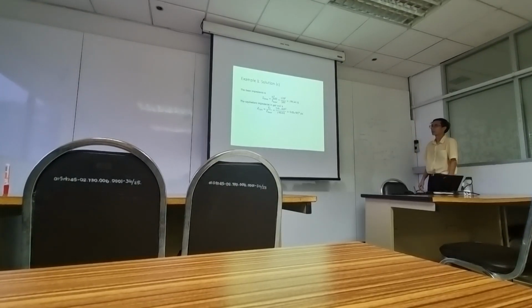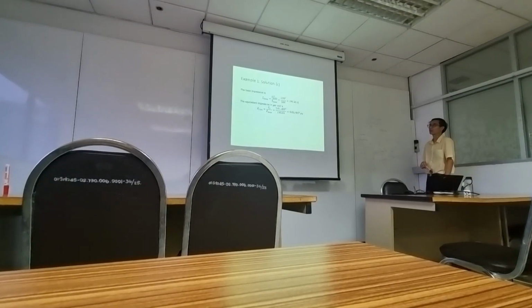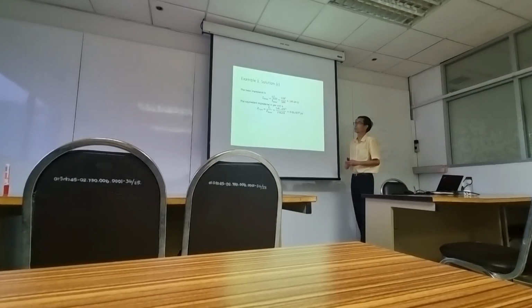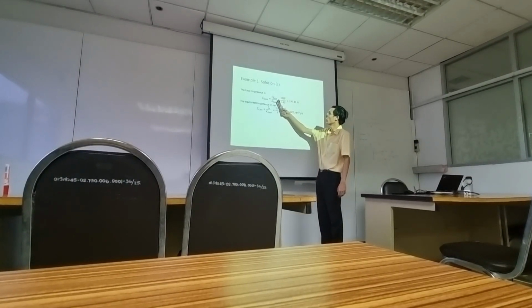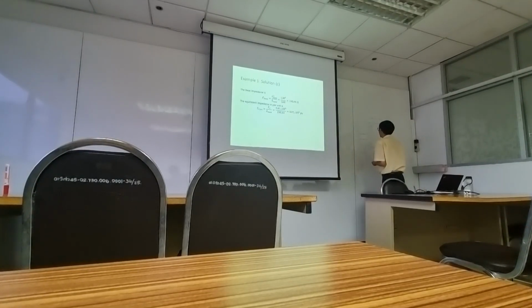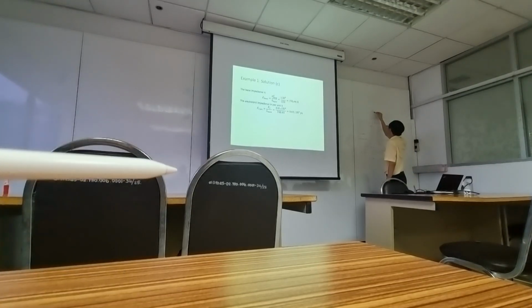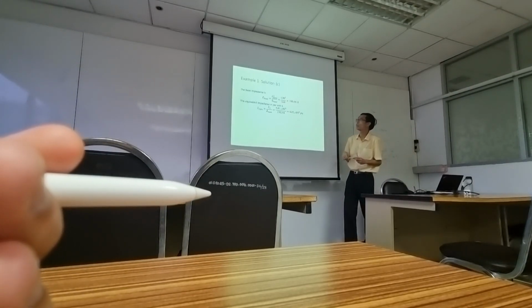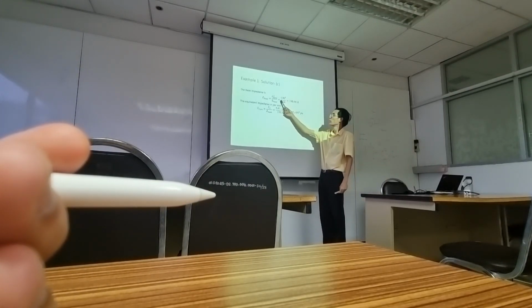Then we try to calculate the base. Z base, the impedance base, is E base squared divided by S base. We calculate Z base here, at the high voltage side of the transformer, because this impedance is referred to the high voltage side, right?